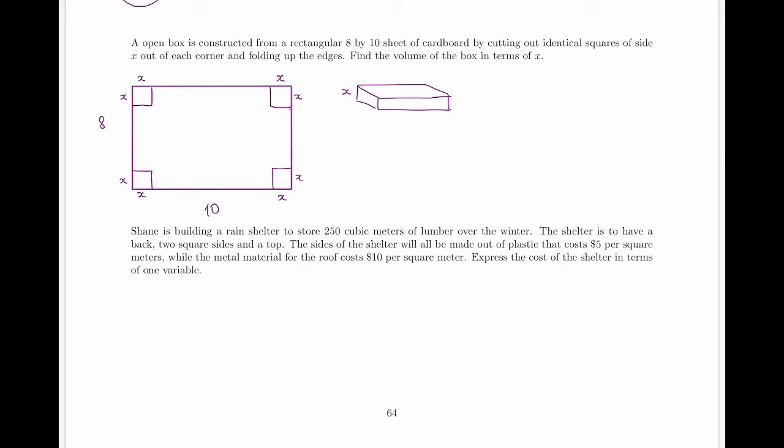We're asked to find the volume of the box in terms of x. We've introduced only one variable, so we won't have to solve for anything, but we will have to think of what the volume is composed of. Now, I'm going to get a rectangular box here, and so the volume is then length times width times height.